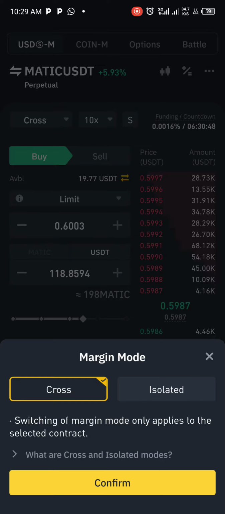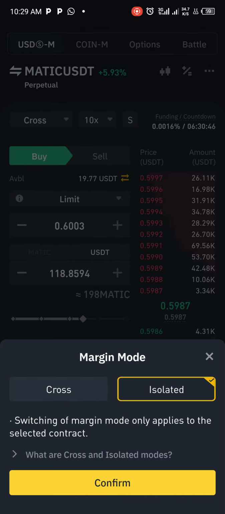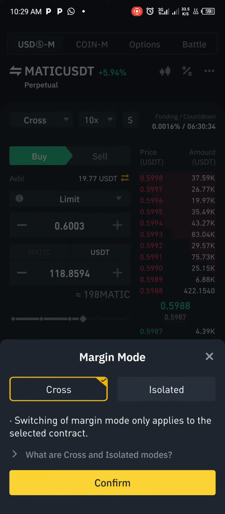Isolated means they are going to use only the amount you selected. Like if you have $100 or $1,000 and you choose only 50%, you go to the market with only that 50%. But for cross, they go to the market with the whole of your account, though you have a limit which is that 50%.